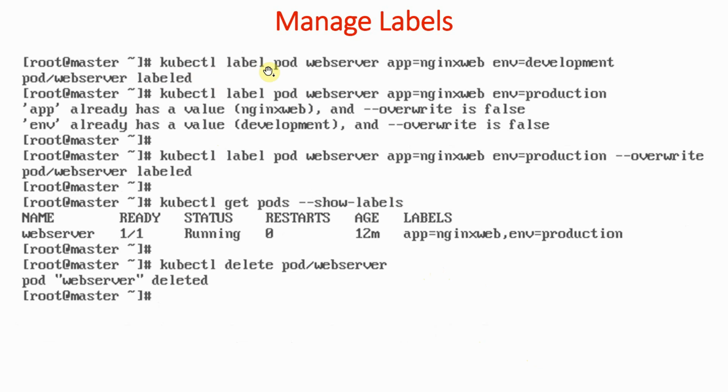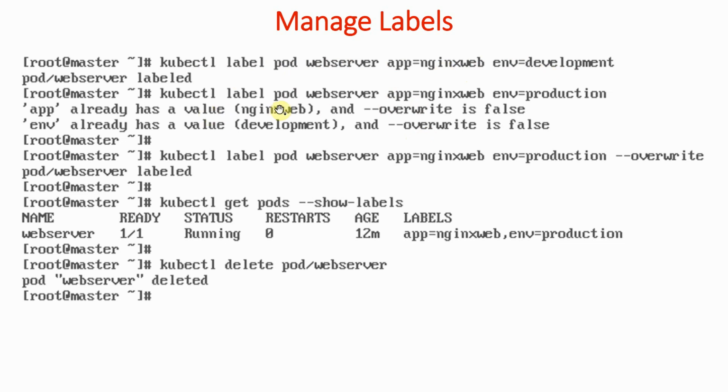So again we are trying to run different commands so that you become comfortable with the labels, because, I'm telling you again and again, it is a very important concept: how to put labels, how to remove the labels, how to manage the labels. So again we are putting some labels. That means kubectl label pod webserver app=nginx-web environment=development. So we have given these labels.